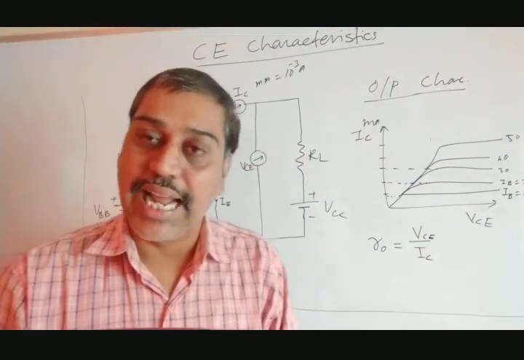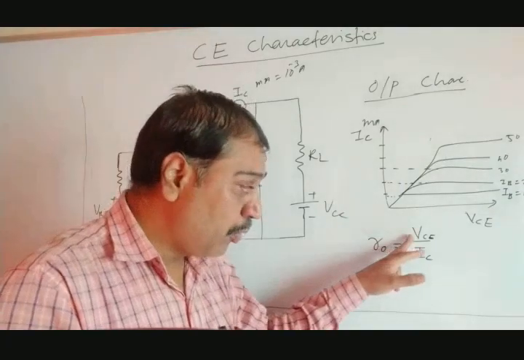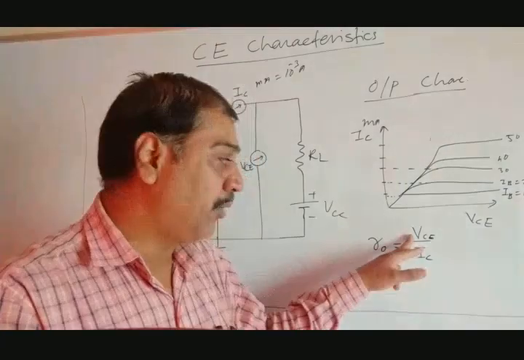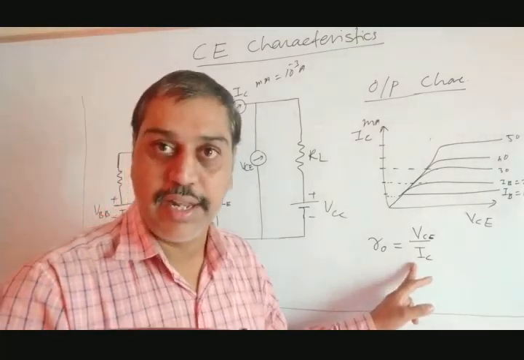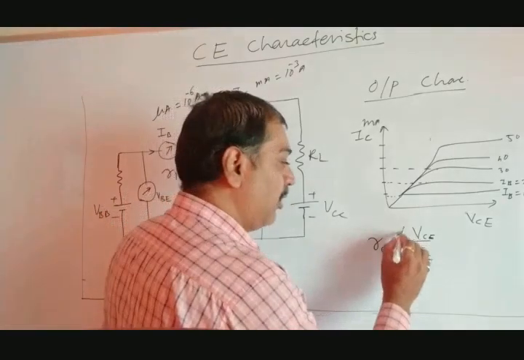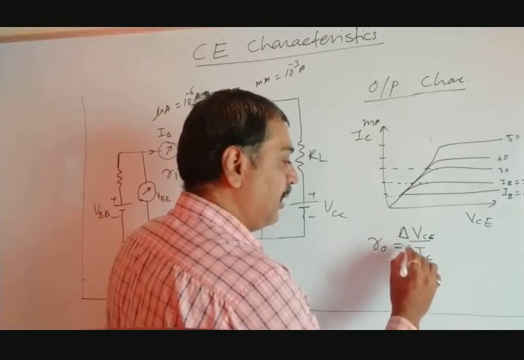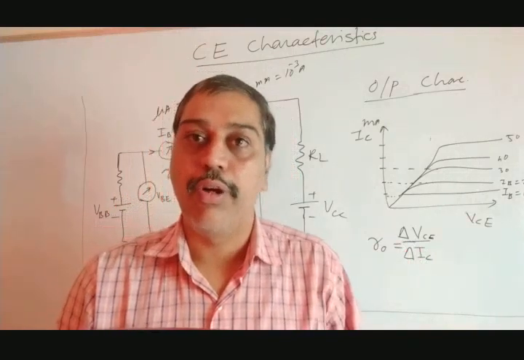So here the resistance at the output can be measured in terms of how the output voltage changes and accordingly how the output current changes. That's why we have to consider variations here. So we must consider the symbol delta here. So it is delta VCE divided by delta IC. It will give the output resistance.